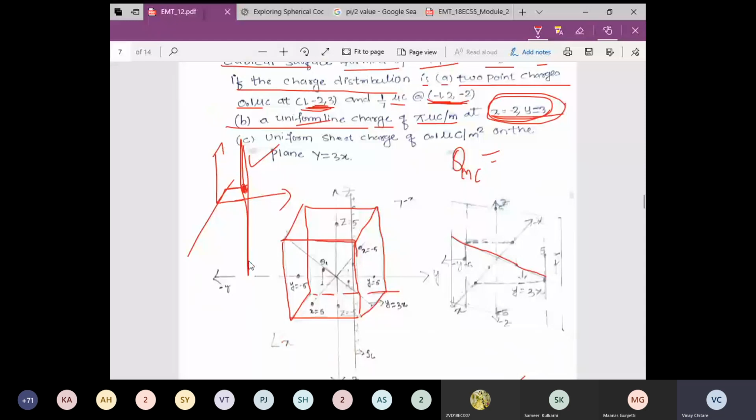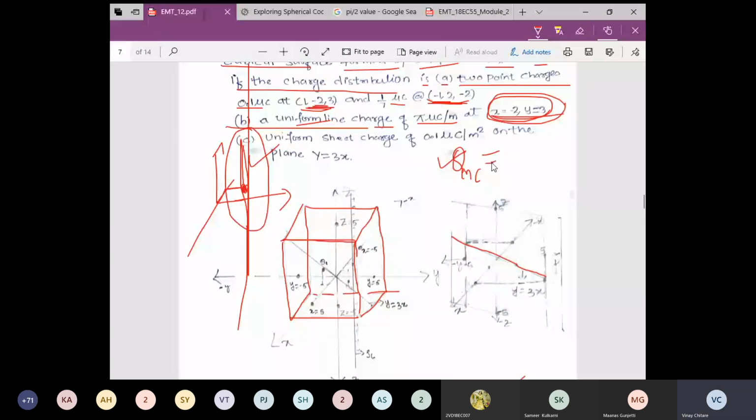This is actually an infinite line charge. In order to find the flux leaving that closed surface, I need to find Q enclosed. My next question is, what is the total charge enclosed inside the closed surface?